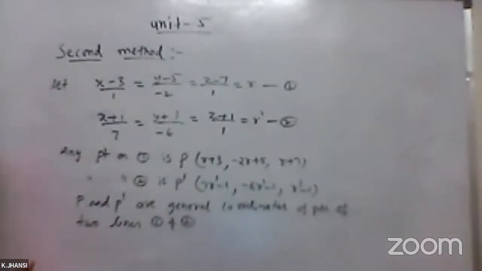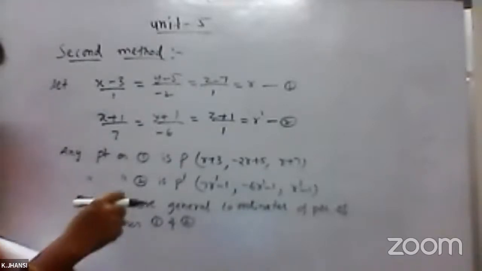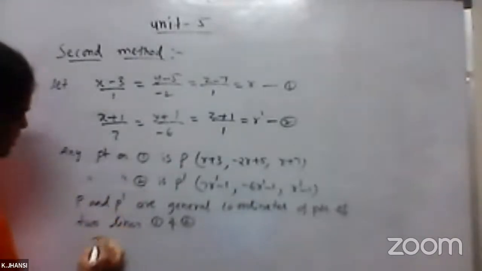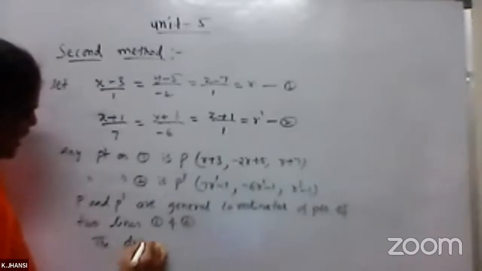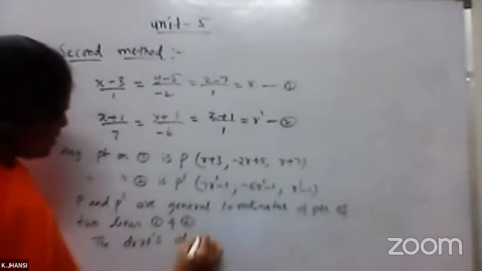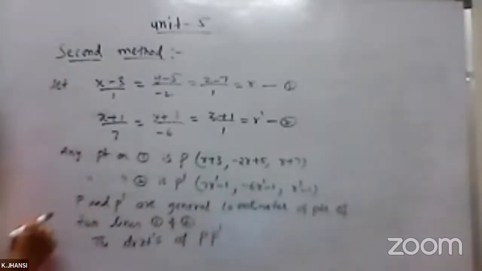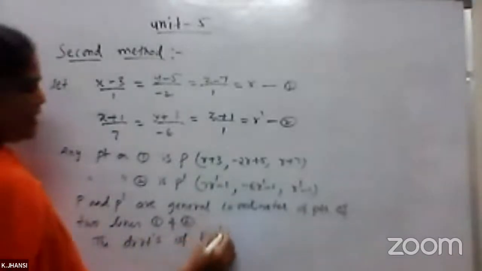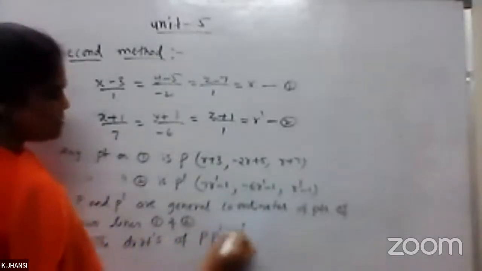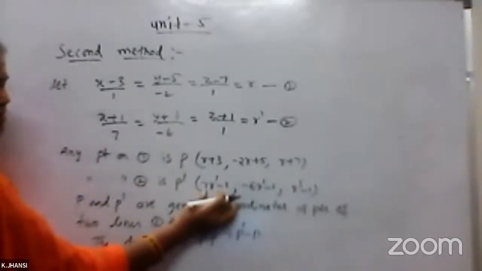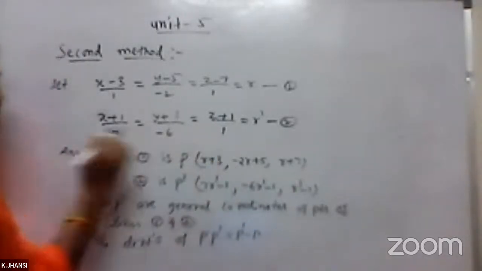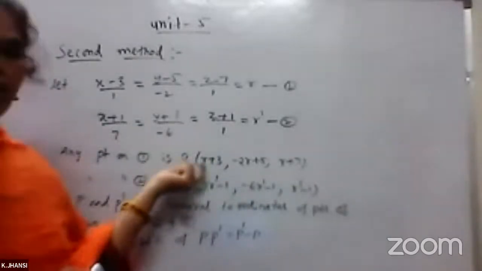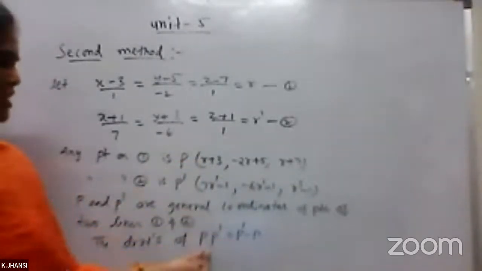Okay, try to write the sentences also. Now the direction ratios of p p dash. The direction ratio of p p dash means here we have to do the subtraction of p dash minus p. Whatever the coordinates of p dash are, you subtract the coordinates of p from them. Okay, that is just for your understanding.